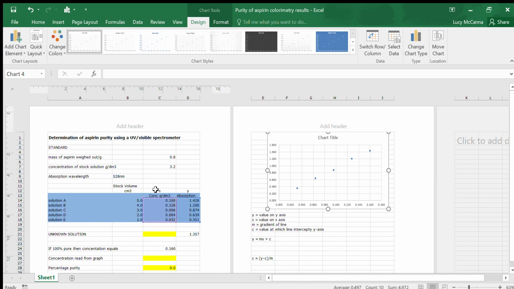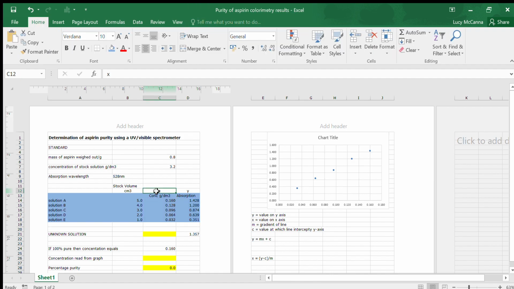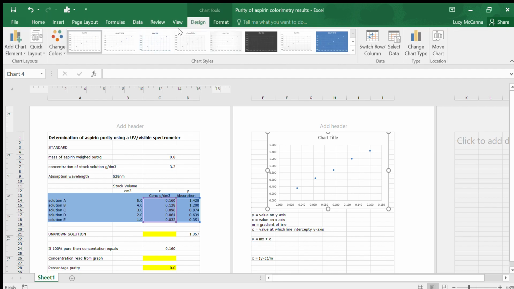I've shown here that your concentration is on the X axis along the bottom, and your absorption is what's on your Y axis. So just label those up using click on the graph, go to design, and your add chart element will be there.